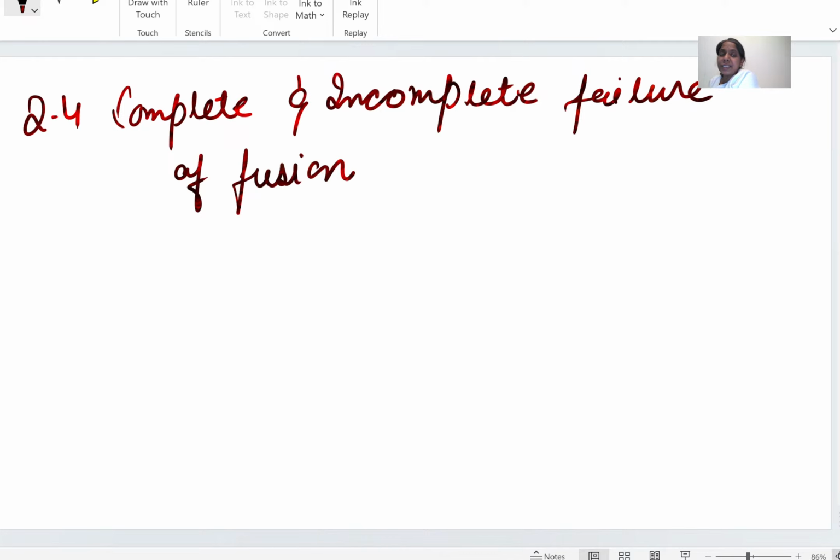Which anomaly is there with complete failure of fusion? And with incomplete failure of fusion? Write down the anomalies.